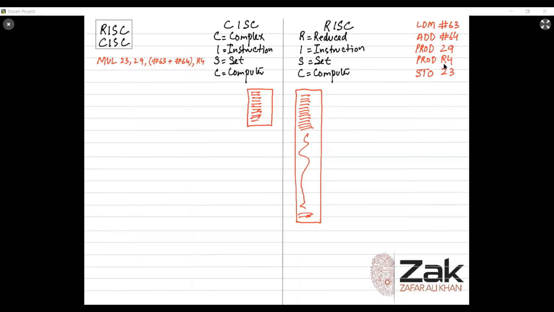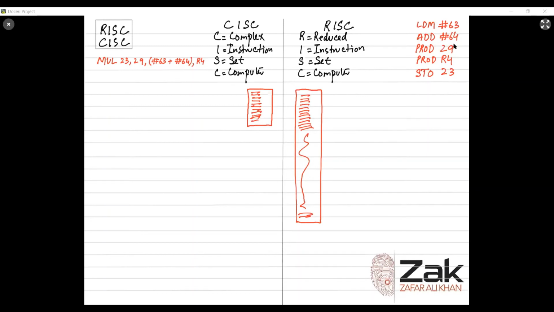And then whatever the result in the accumulator will be stored at the address 23. So how many instructions are these? 1, 2, 3, 4, 5. This is reduced instruction set code, meaning easy instructions. Rather than writing a single instruction, we just wrote many instructions. It means that we have to write larger code to get the same thing.